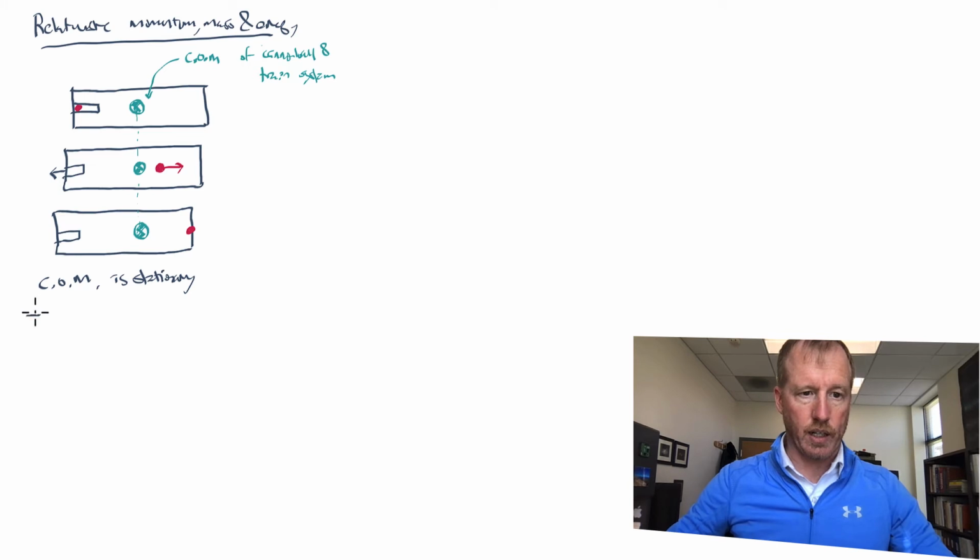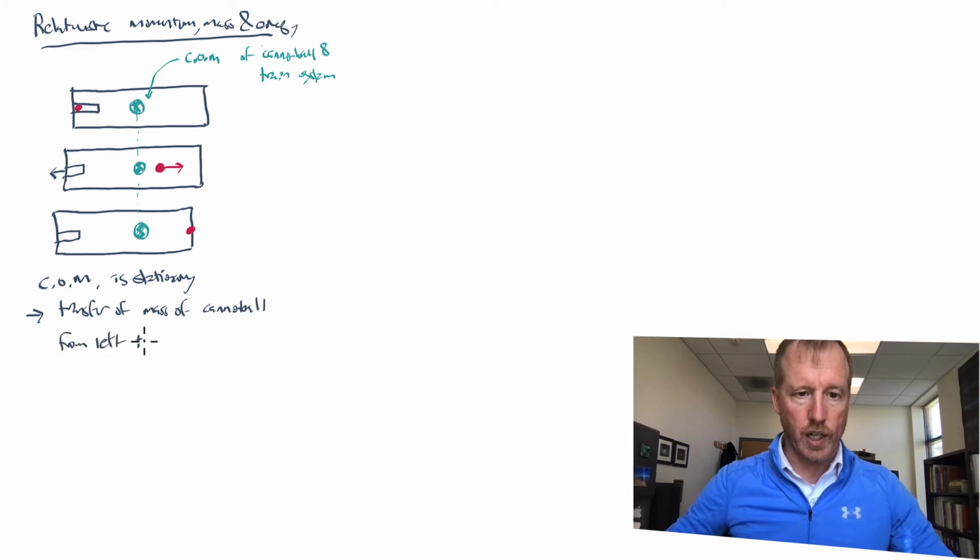And maybe I'll just highlight once again that the transfer of the mass of the bullet, or the cannonball, from left to right, and the shifting of the train from right to left make it so that the center of mass is stationary. So it's just explaining in more detail what happened here.